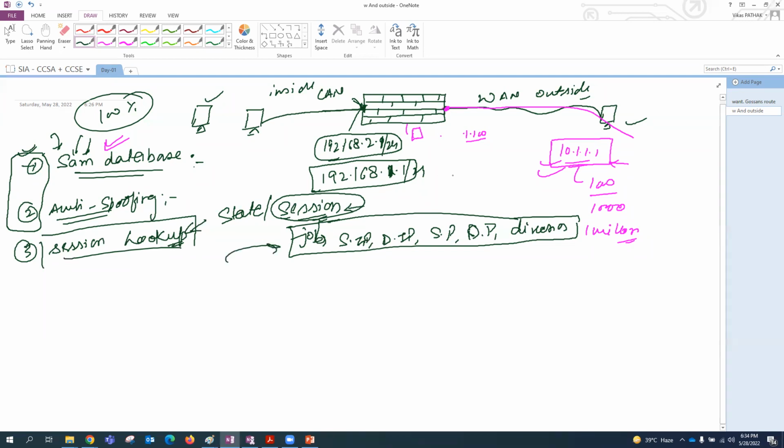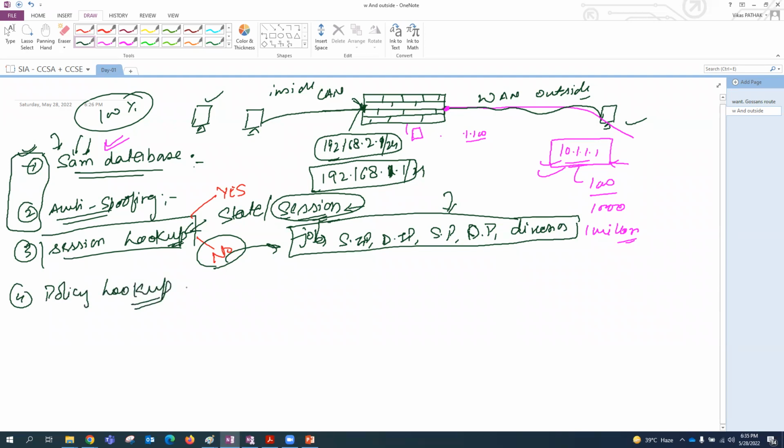In fact, I will demonstrate what information is in a real session entry, and we'll discuss each piece of information one by one. So there will be two outcomes in this session lookup: either the entry is there, or the entry is not there. If the entry is there, the traffic will be passed through that entry. If the entry is not there, then the fourth step will be the policy lookup.